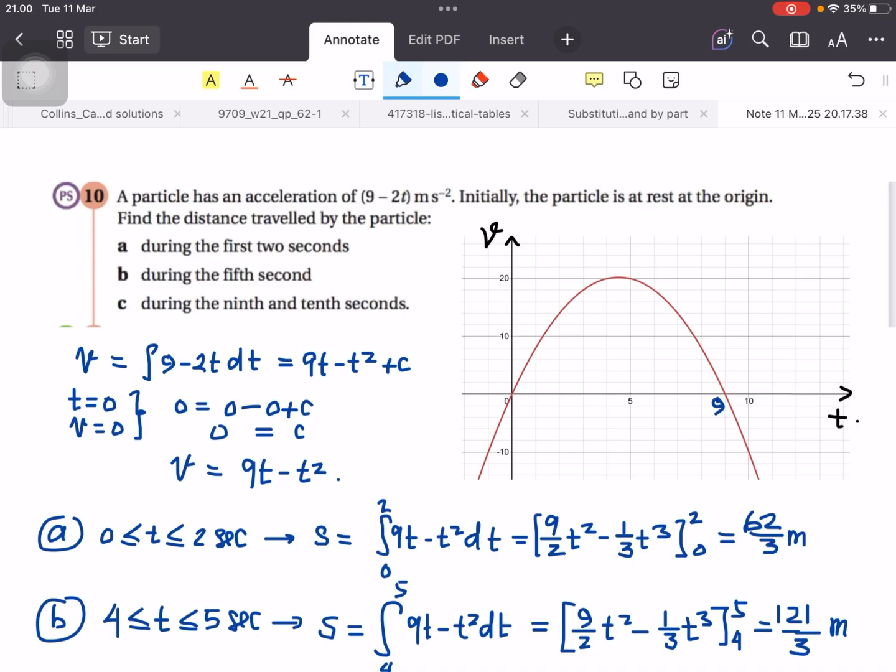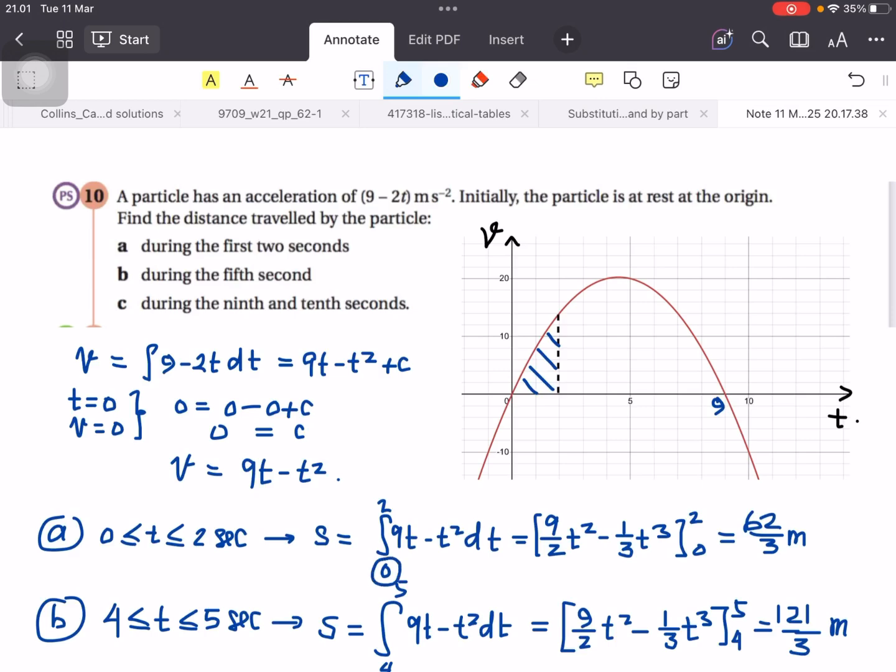And then part A. Find the total distance traveled during the first 2 seconds. The time interval during the first 2 seconds is from 0 until 2 seconds. So we are to find this area for part A. We can find the area using integration.